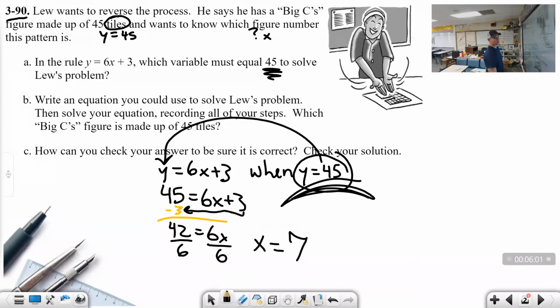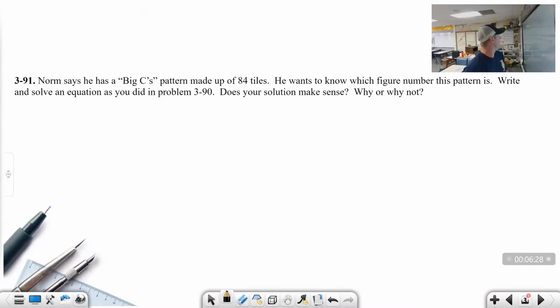If these are tiles, 7 is the figure number. Does it sound reasonable that figure 7 has 45 tiles? I think so. When you look at the table, that makes sense. You always want to stop and think, does this make sense?